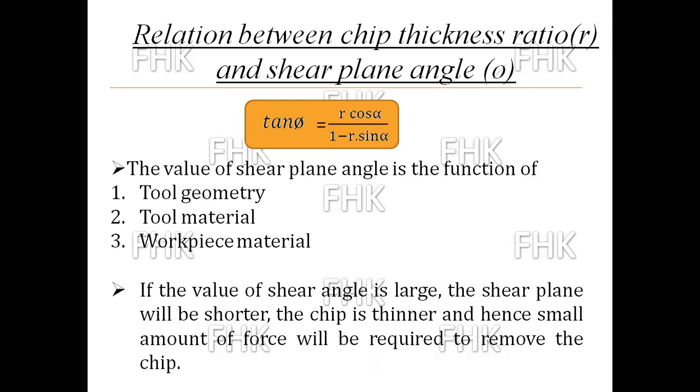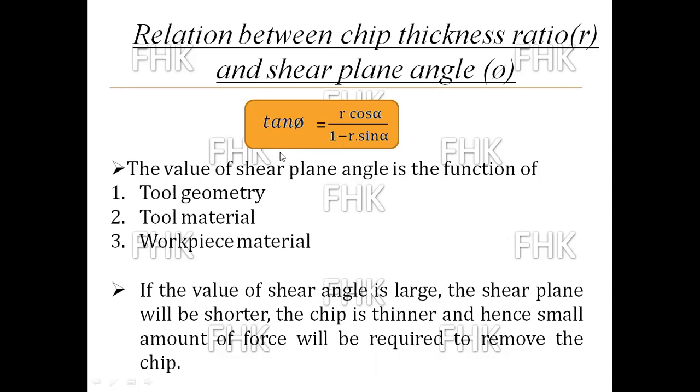This expression may come in the examination for 6 marks, or you have to remember that formula for solving the numericals. The value of shear plane angle is a function of tool geometry, which is nothing but the rake angle of the tool, α, and of tool material and workpiece material, which directly affect the chip thickness ratio r.